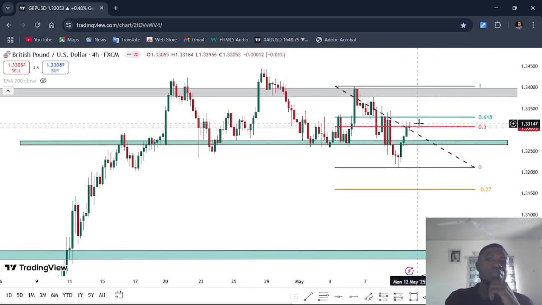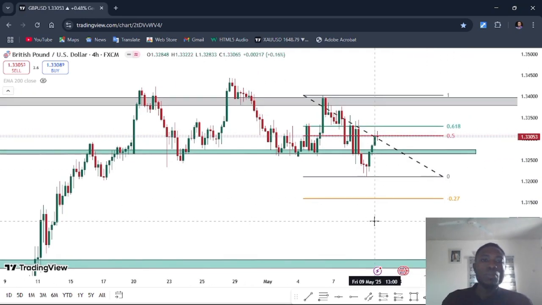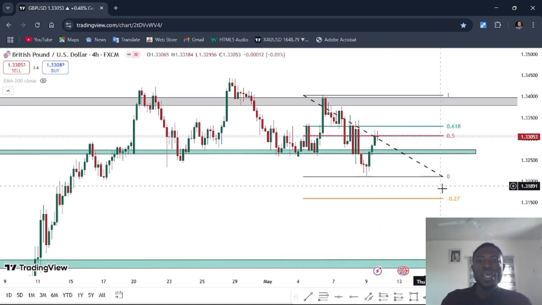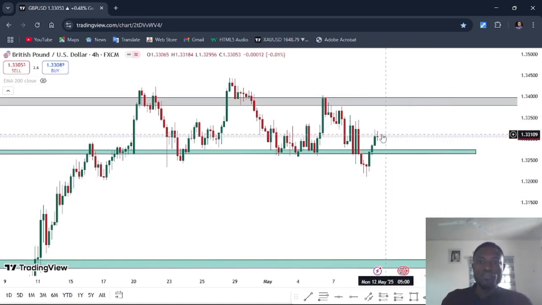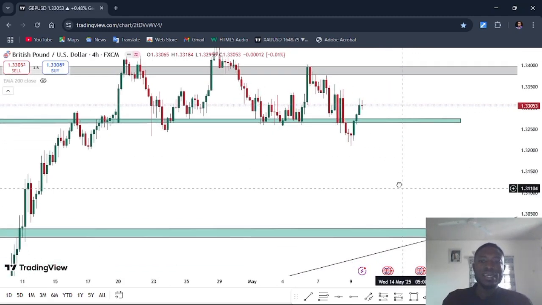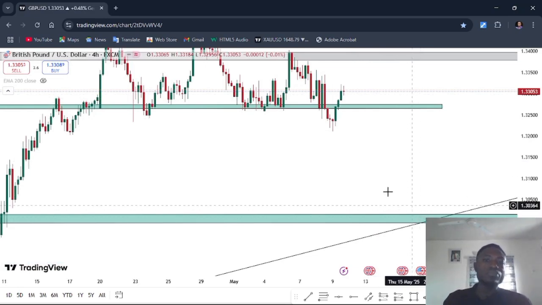I would have said, let me enter this trade at this zone for a sell, but I am a more conservative trader. I need to see a clear path of the market before going into any trade. I'll be going in for a sell on this particular trade if price should clear this bar and start pointing down. Then I will take this trade all the way here for my take profit.